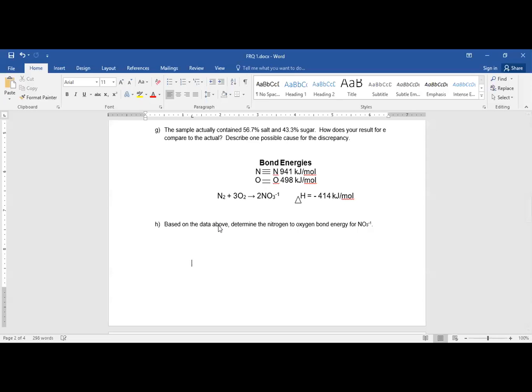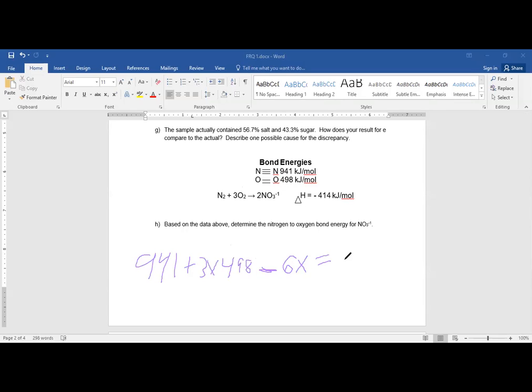We are breaking 1 and 2, so it's 941, plus 3 times 498. So that's the bonds we're breaking, and we're making, how many NO bonds are we technically making here? 6. So it's minus 6x, because each NO3 has 3 NO bonds, and there are 2 of them, so 6.